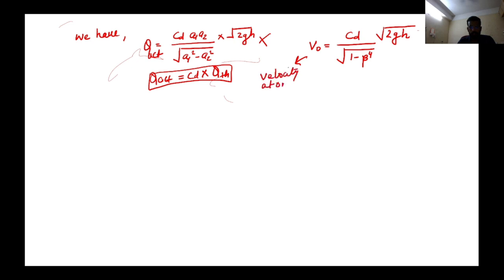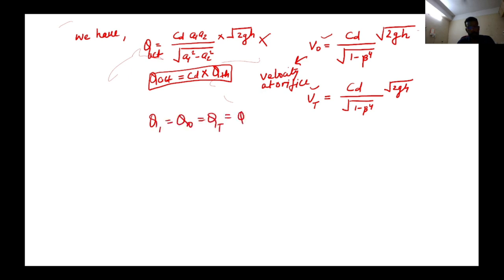In case of venturi meter, it becomes Vt, velocity at throat, with CD, and everything will remain the same. So for calculating Vt or V0, we know that Q at orifice, Q at throat, or Q at the end of the pipe will all remain the same.